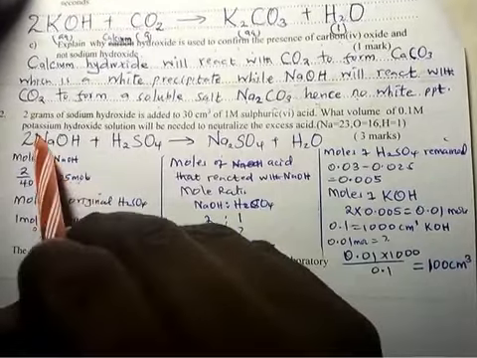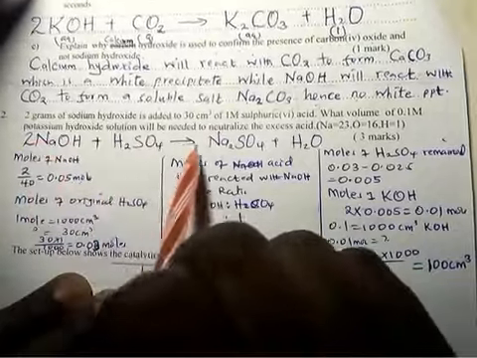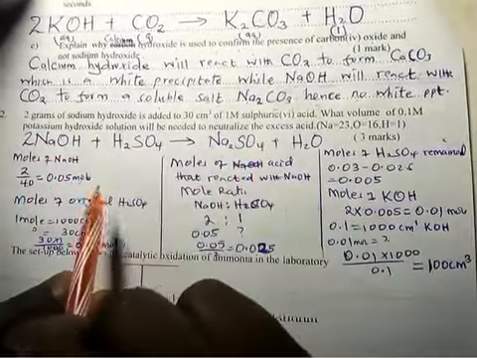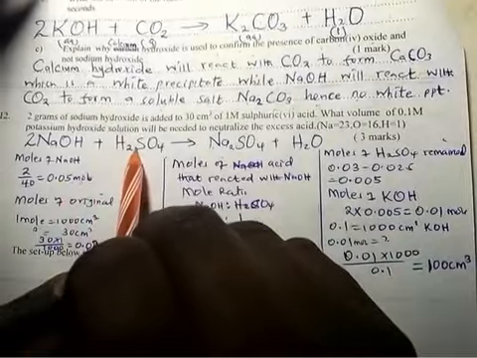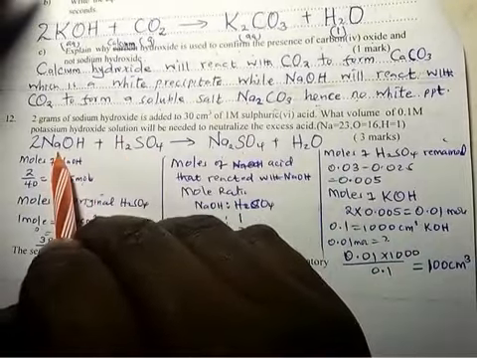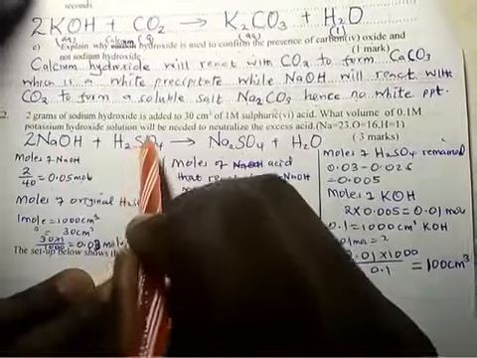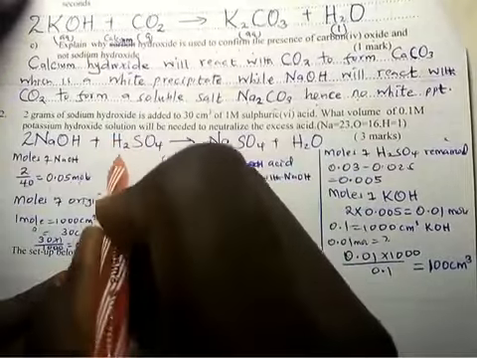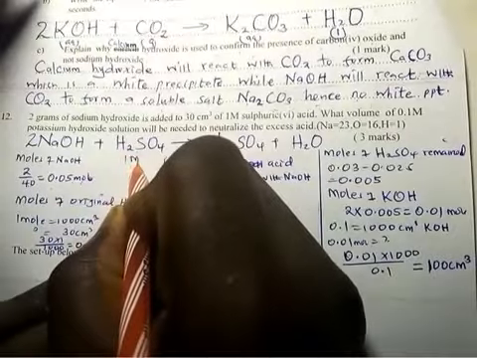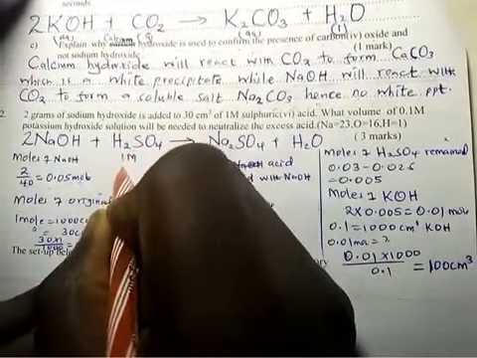So the ratio is 2 to 1 to 1 to 1. So once we know the moles of this, we can know moles of this that reacted with this automatically. But first, since we have the molarity of this one, the molarity was 1 molar, and the volume that was used here is 30 centimeters cube.